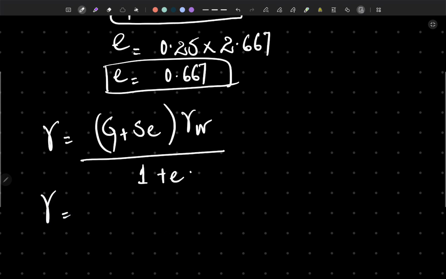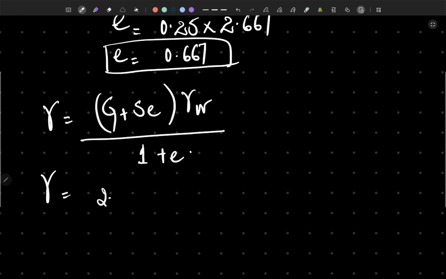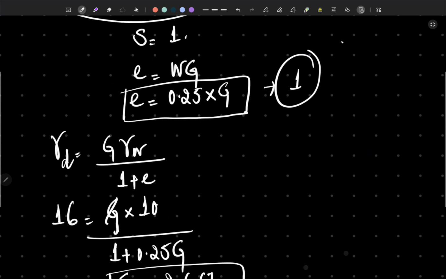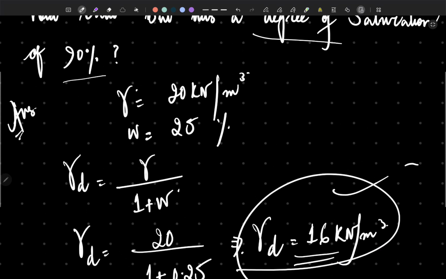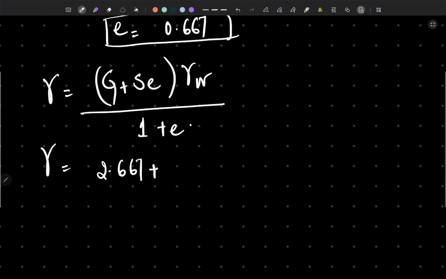This is G, as we have calculated, 2.667, plus S, the degree of saturation, which is 90%.